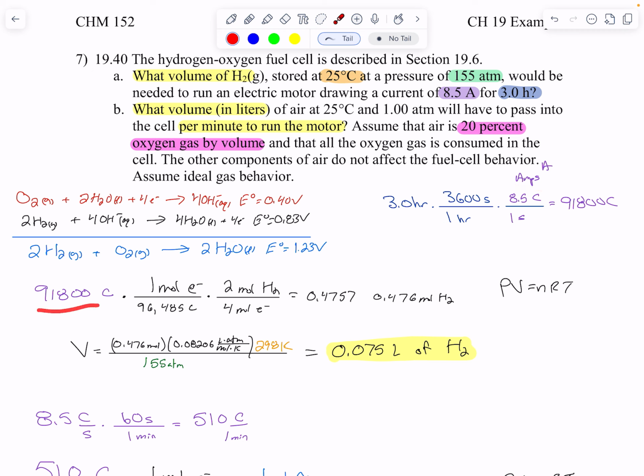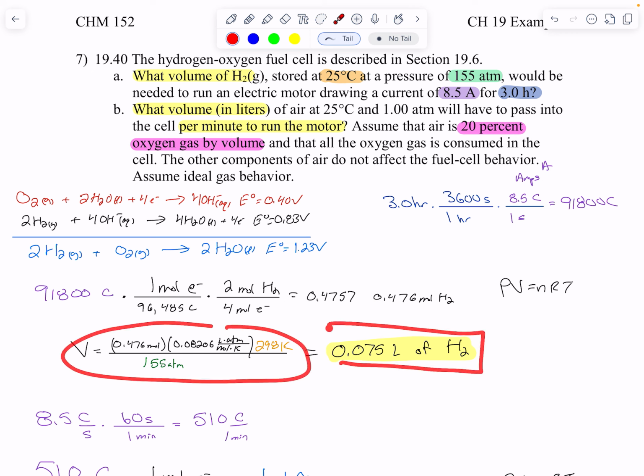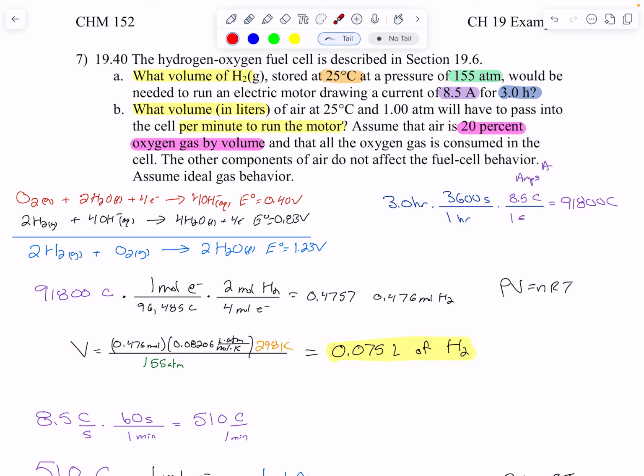Then using Faraday's constant, moles of electrons to moles of H2, we figured out how many moles of H2 we needed. Then we used PV equals nRT to get liters of hydrogen gas.